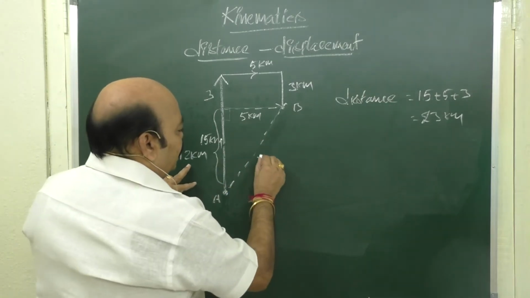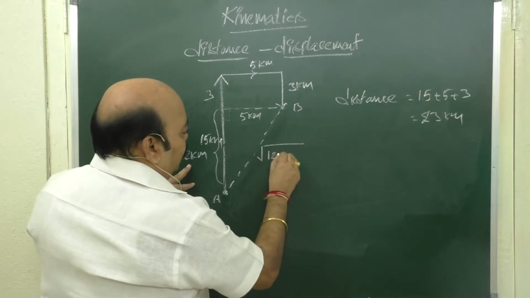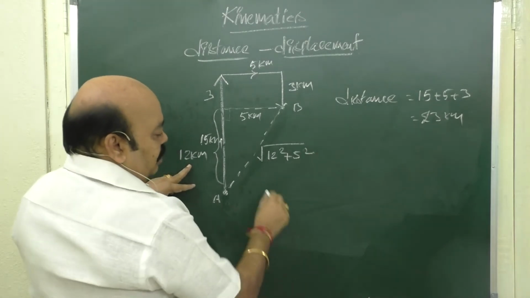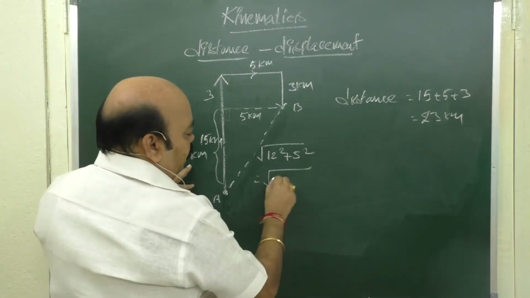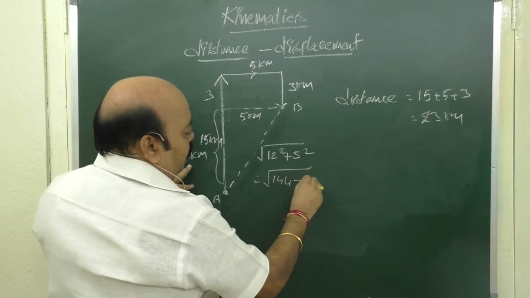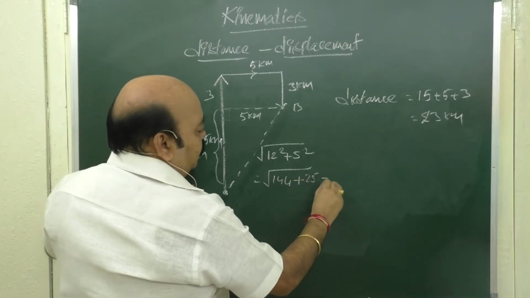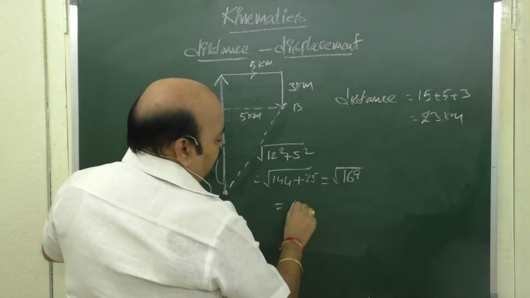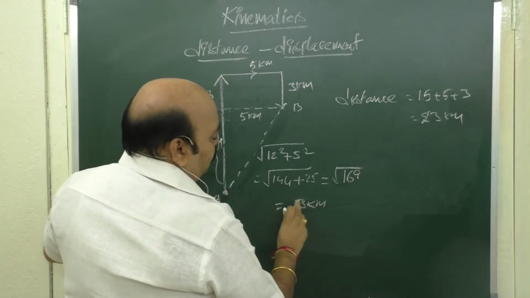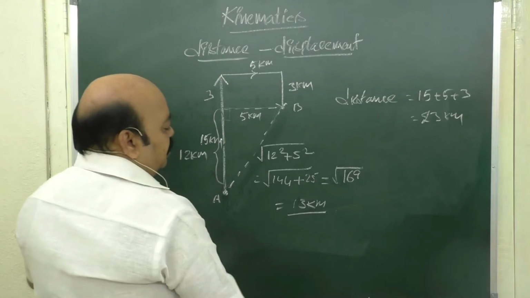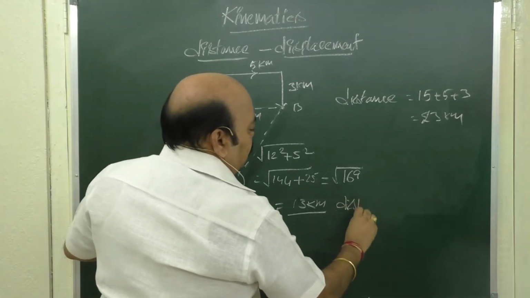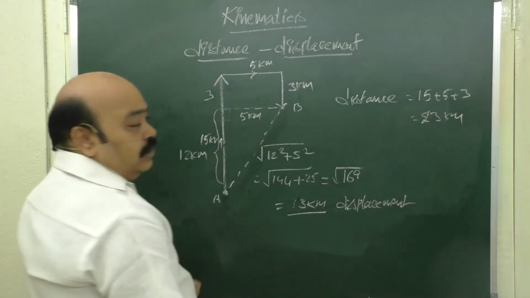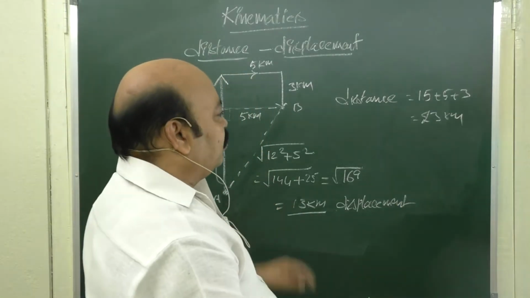Side square means how much? Here it is 12 square plus 5 square, the square root of 144 plus 25, which is the square root of 169, that is 13 kilometers. This is the displacement, because it represents the shortest distance between the initial and final positions of the body.